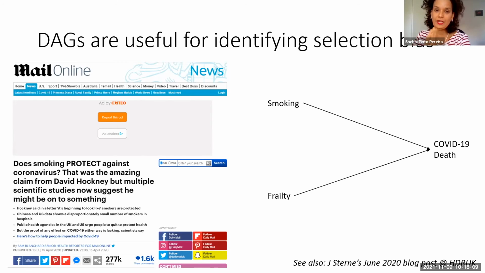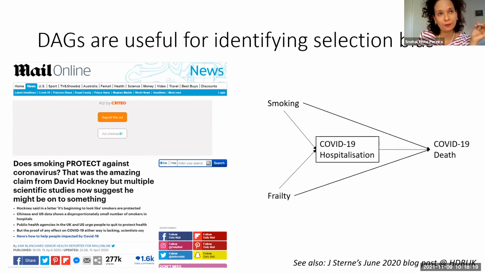But then when you start reading about how and why they found smoking was protective against coronavirus, you realize that at the beginning of the coronavirus pandemic, they were just looking at people who were in hospitals for COVID, yeah? Because that was the only data that we had at the time. So essentially, you're looking at people who are in hospital for COVID-19, okay?